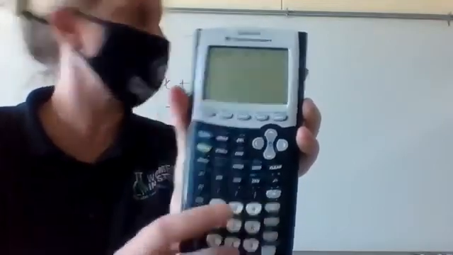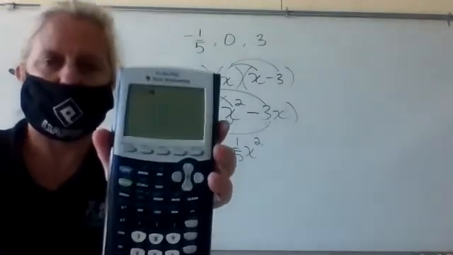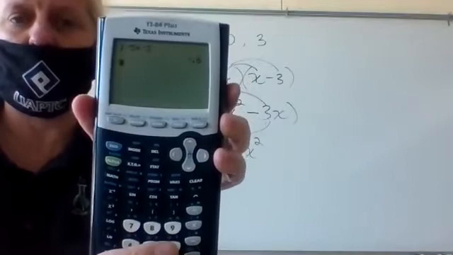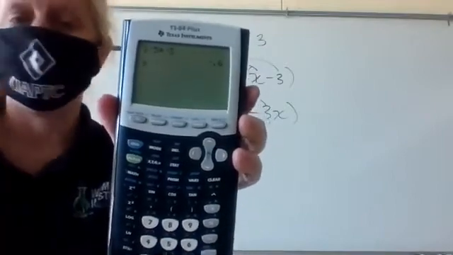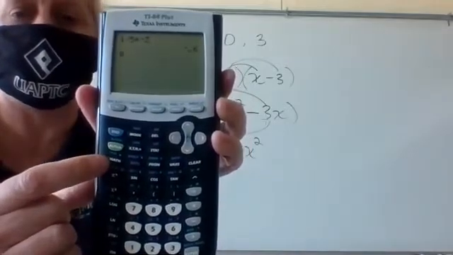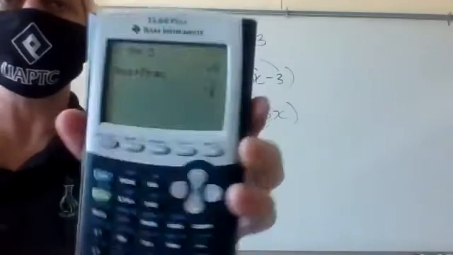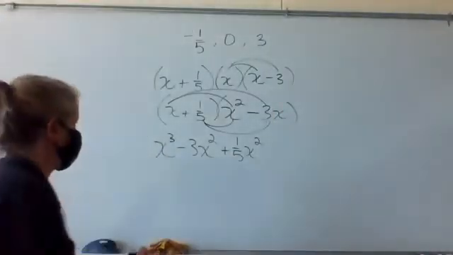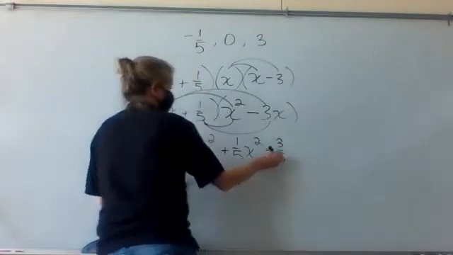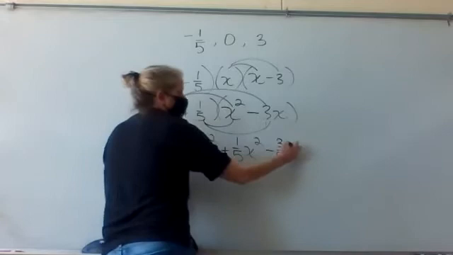So I'm doing positive 1/5 times -3, get your weird decimal. But what do you do with decimals when you need them to be fractions? You just hit the math button and then hit enter twice. So that's going to give you, there's your -3/5. And what do you have -3/5 of? -3/5 x.